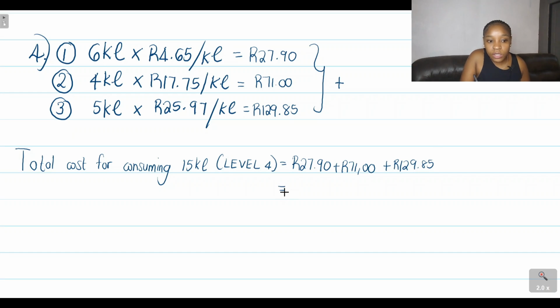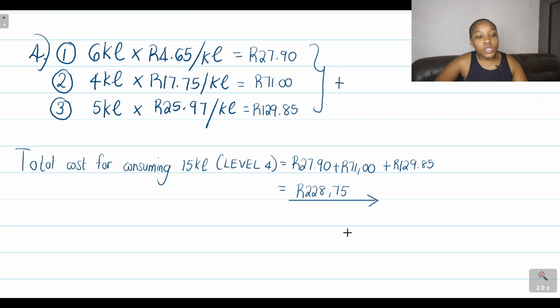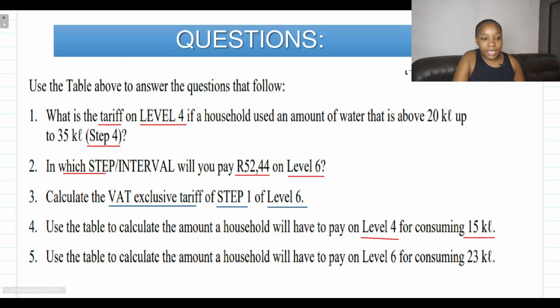If you punch that into your calculator, you will get 228.75. Okay. Therefore, the total cost for consuming 15 kiloliters of water will be 228 rand and 75 cents. Okay, so that is basically the second last question, right?